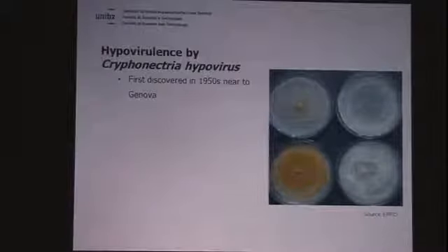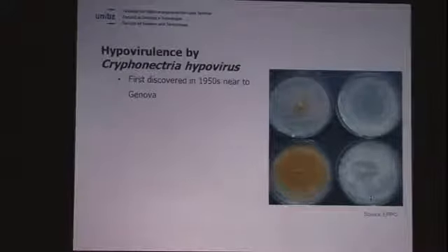But although it was first thought to be resistance, later it was discovered that it was a virus. This fungus was inhabited by another virus. This virus causes disease in the fungus. And when this virus is causing disease in the fungus, it loses its ability to cause disease.